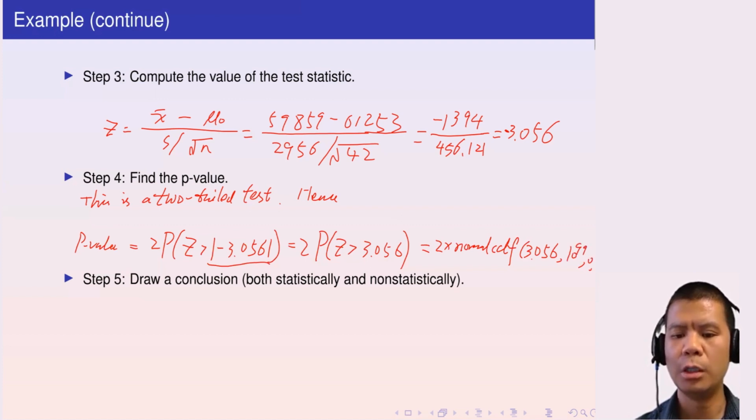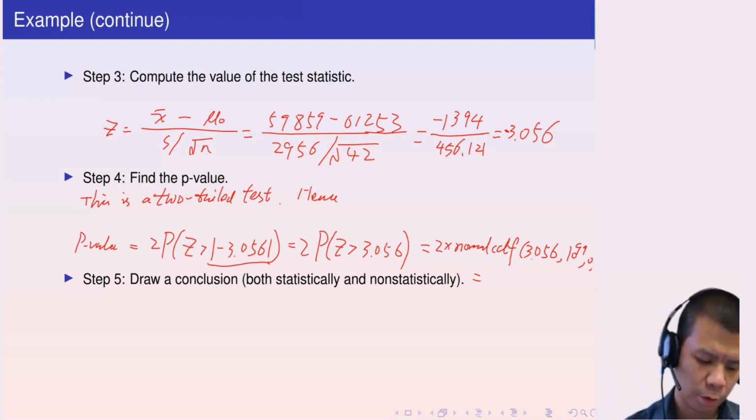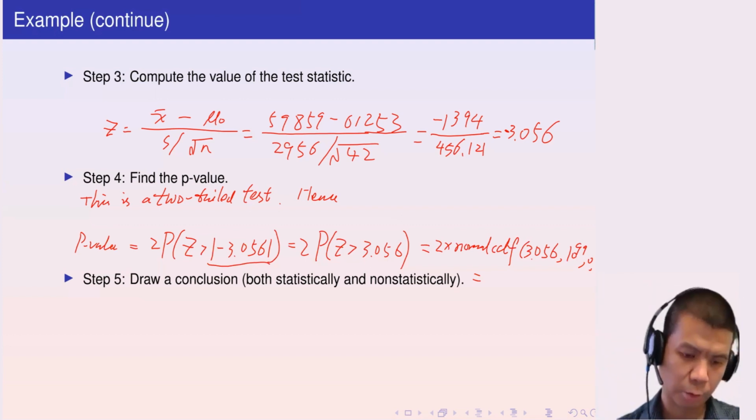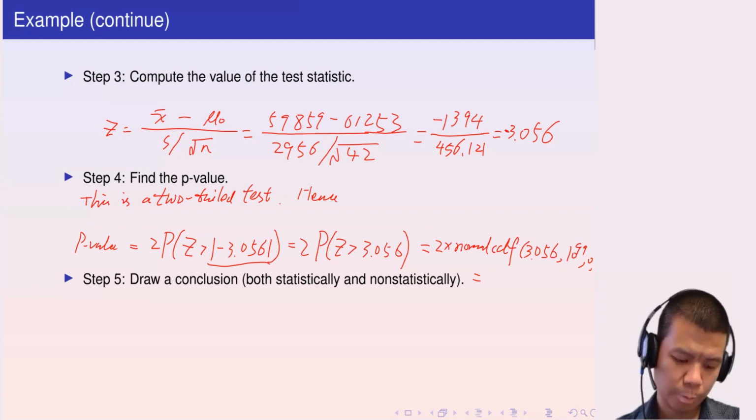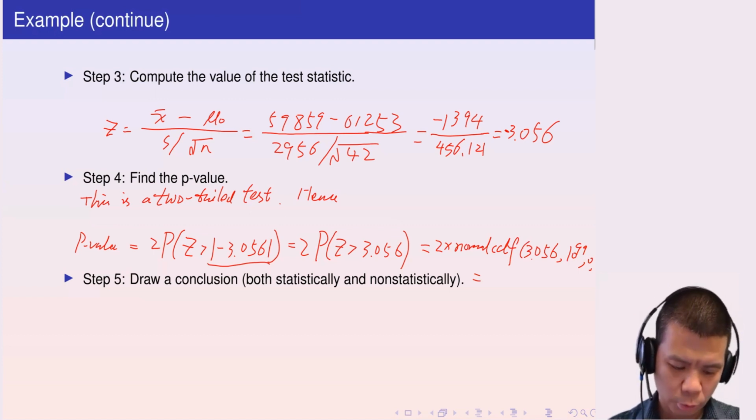Now let me use the calculator again to find this value.